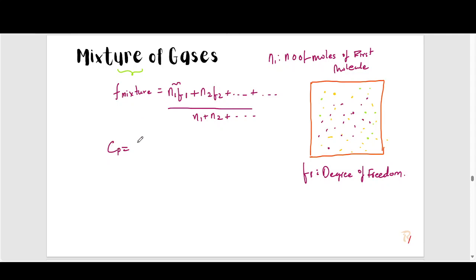Cp is nothing but f mixture into R upon 2 plus R. Cv is nothing but f mixture into R upon 2. Therefore the adiabatic exponent is Cp upon Cv.